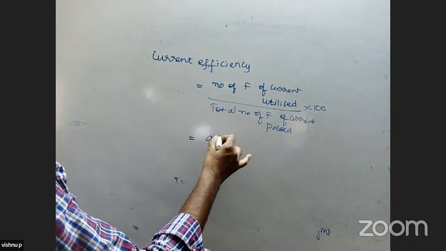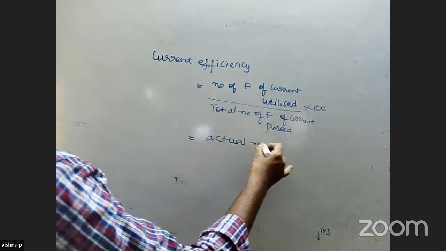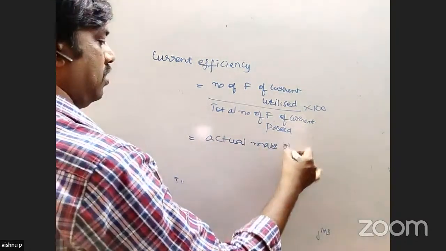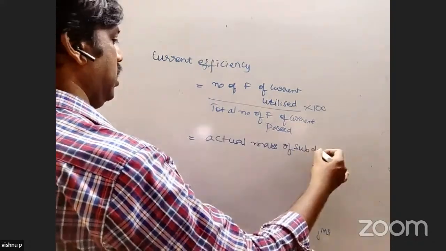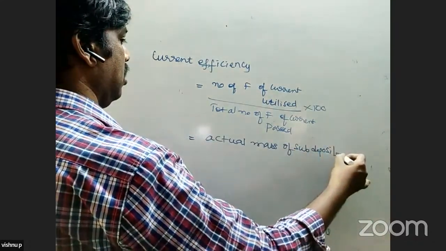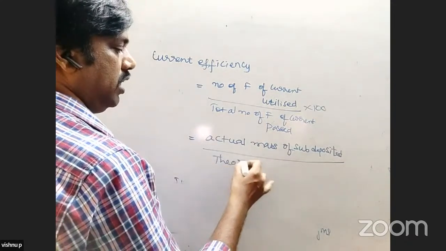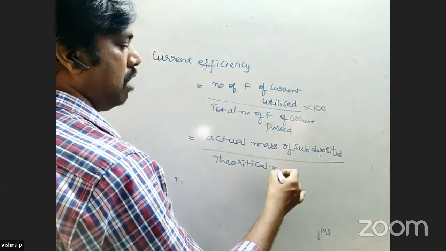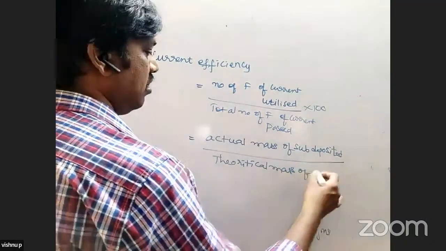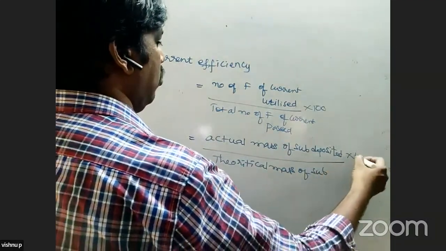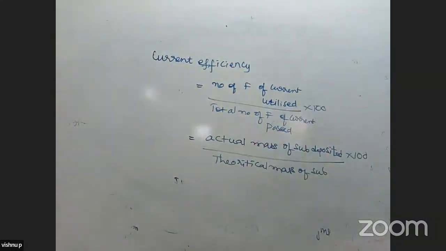Or we can write the actual mass of substance deposited by the theoretical mass of substance, into 100. That is the current efficiency.